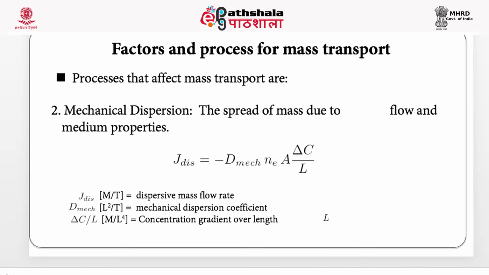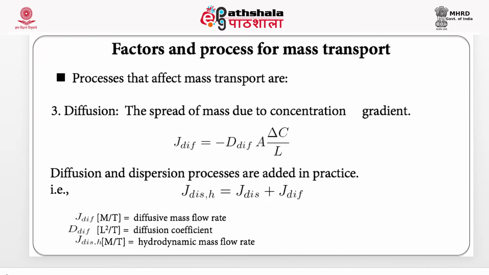The third process that affects mass transport is diffusion. Diffusion is entirely a chemical process. It is a concentration gradient related spread of mass, and it is mathematically defined by the diffusive mass flow J_diff equals a diffusive constant times area times concentration gradient.